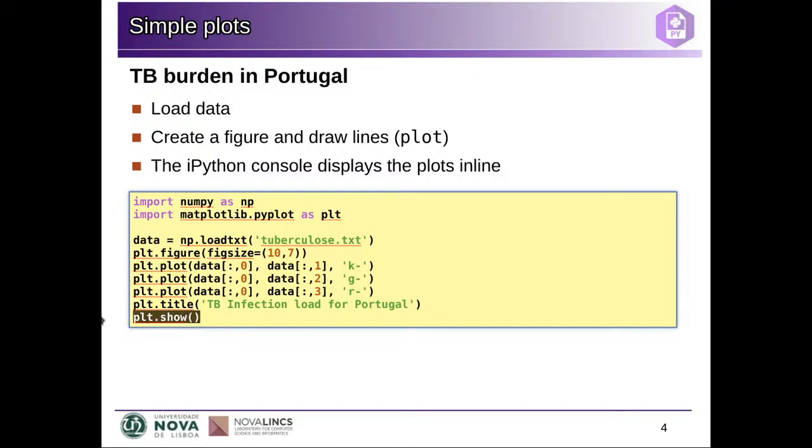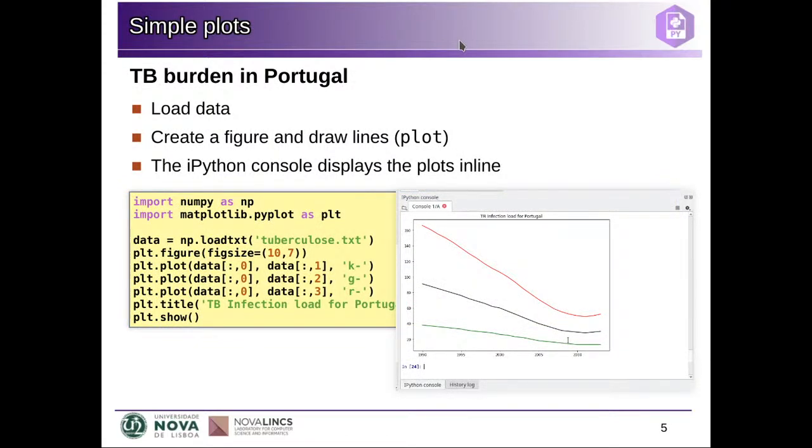But this now depends on where you are running your code. I'll explain a bit better. If you are using Spyder and the IPython console, even if you don't have show here, when your script terminates, the console notes that there is a plot object in memory, and all the plot objects in memory will be shown on the console and then deleted from memory.